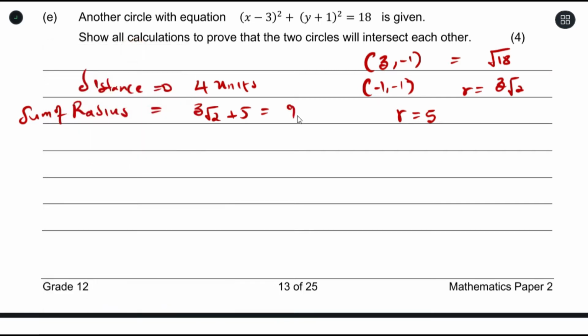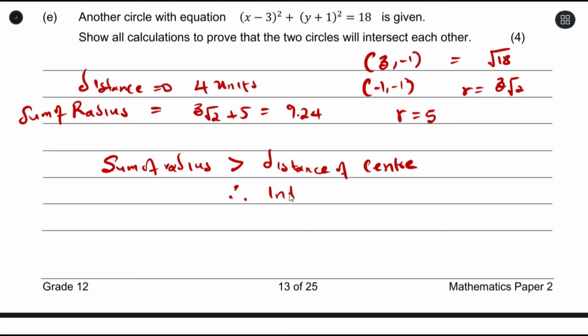This is more or less 9.24. As you can see, our sum of radii is greater than the distance between the centers. So for that reason, we definitely know it intersects. That's it.